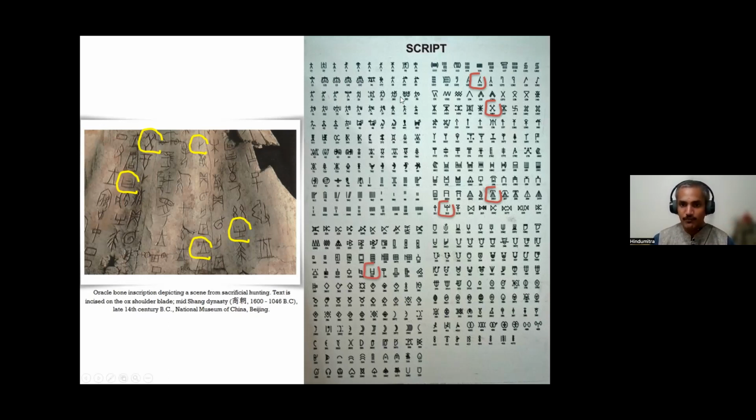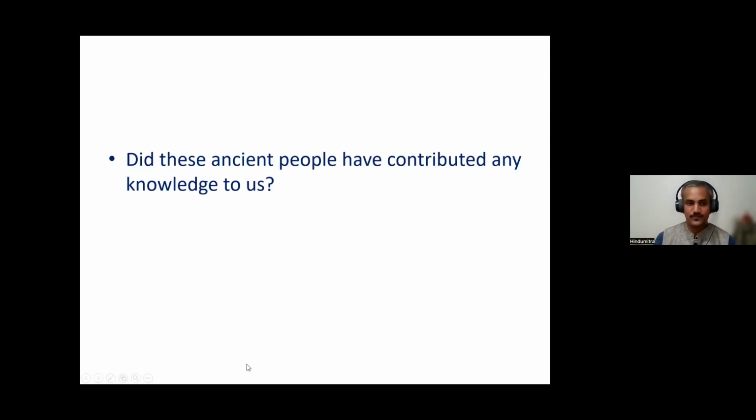If we compare that to the Indus script, we also found similarities between the ancient Chinese script and the Indus script. So the symbol structure of Chinese script was perhaps influenced by the Indus writing system. That's a speculation; further study has to be done.